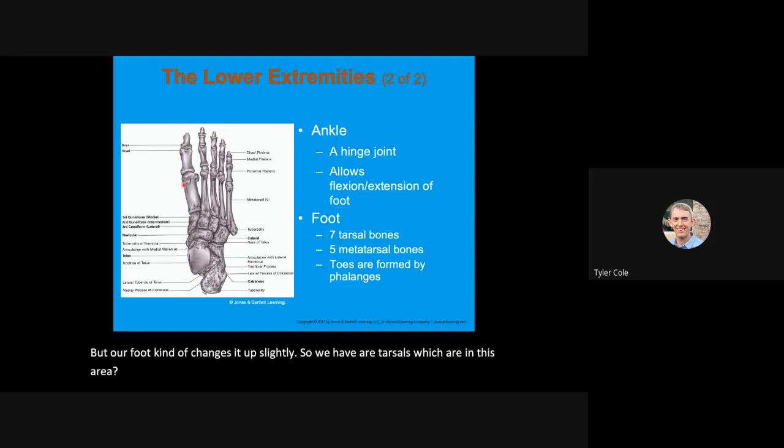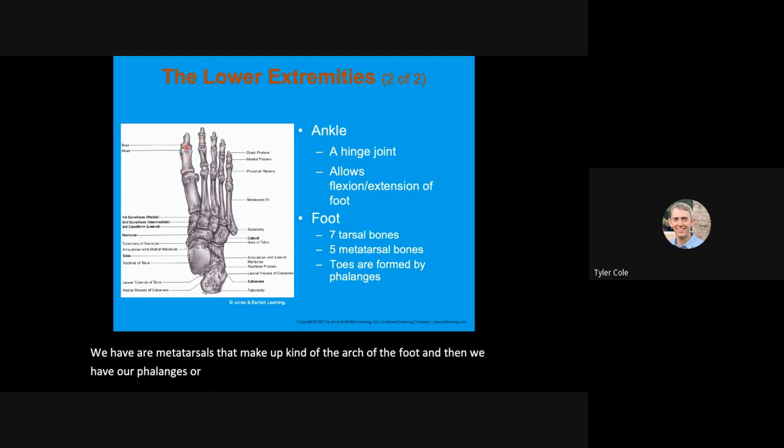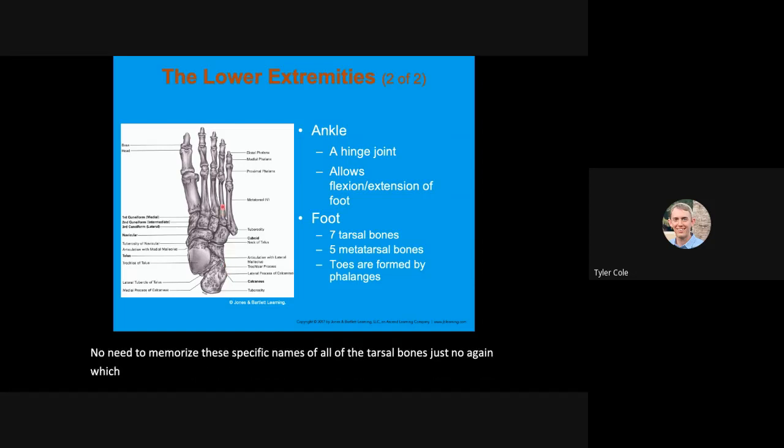We have our metatarsals that make up kind of the arch of the foot. And then we have our phalanges, or our toes, here. Again, no need to memorize the specific names of all of the tarsal bones. Just know, again, which order you go from tarsals, metatarsals, into phalanges.